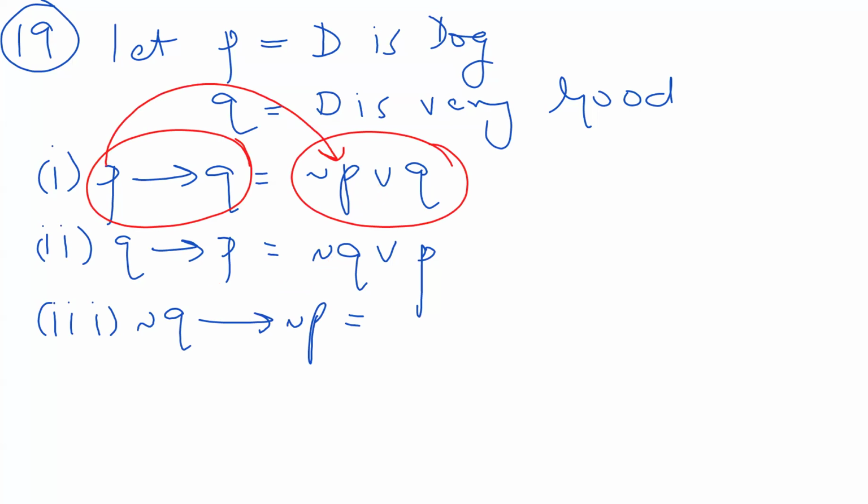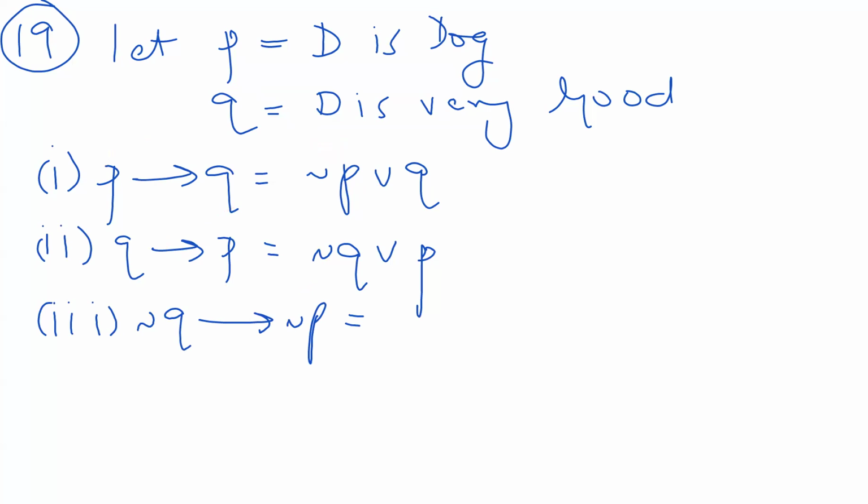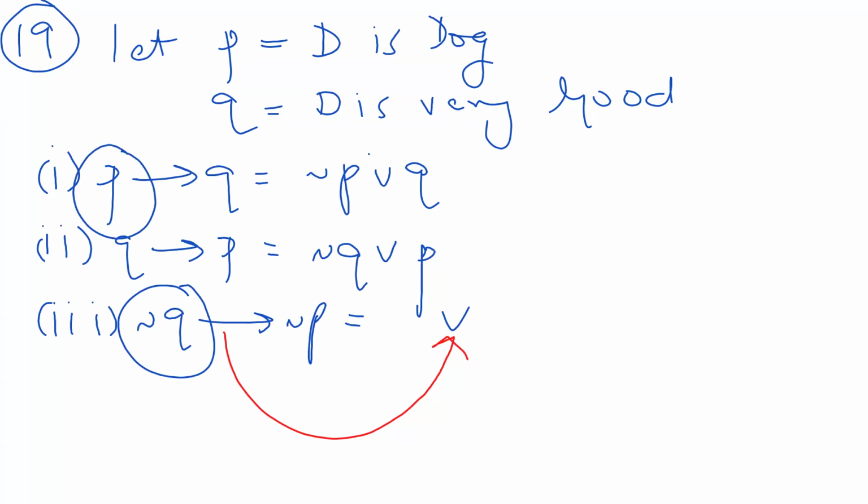So here also, in this case, implication will change to what? Or. Good. First statement will get what? See, the first statement is getting negation. So first statement will get negation over here. So what is the negation of this?